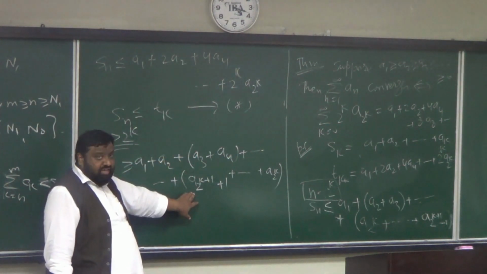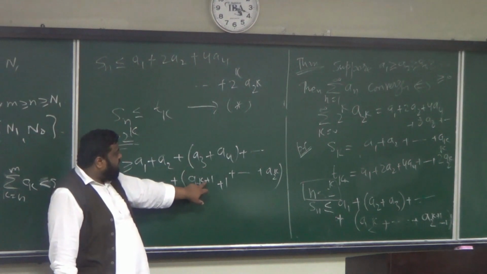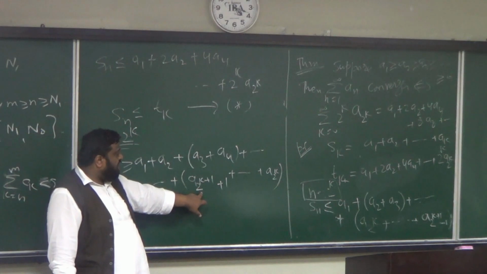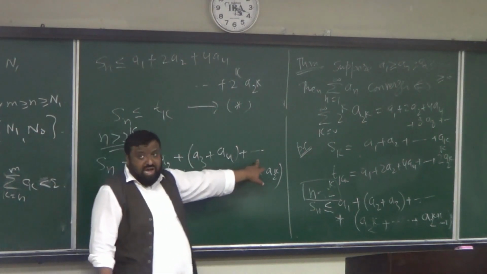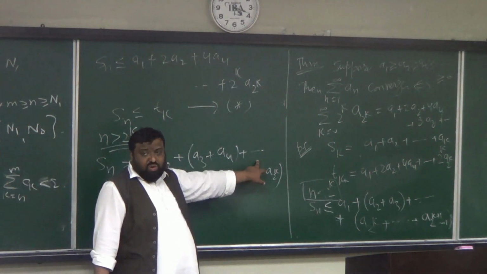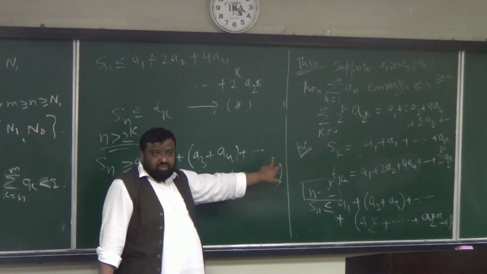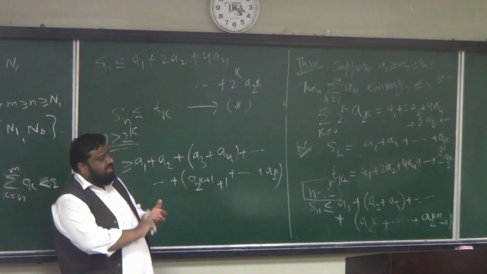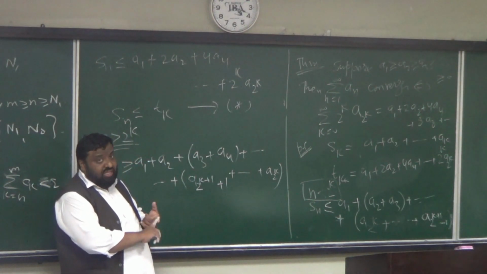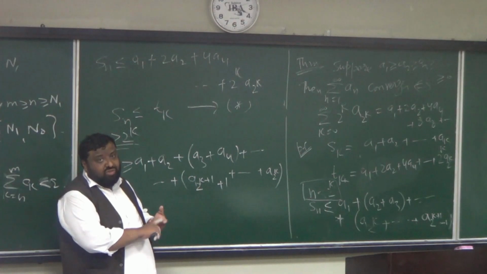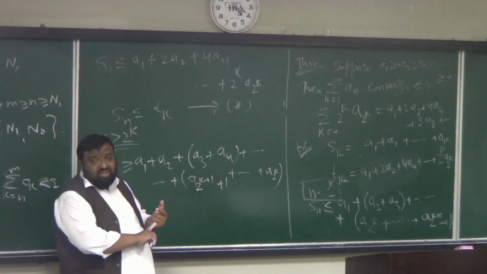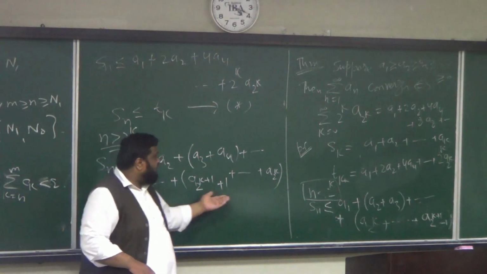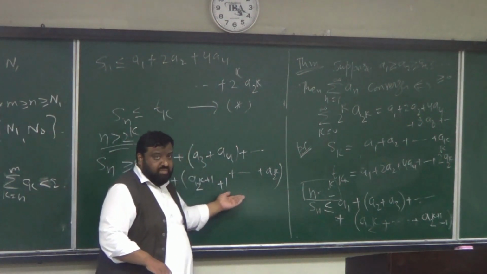It's going to start from 2^k plus 1, so from 5, and go up to 8. So it's 5 plus 6 plus 7 plus 8, and then from 9 to 16, and so on and so forth. And the last term is this.